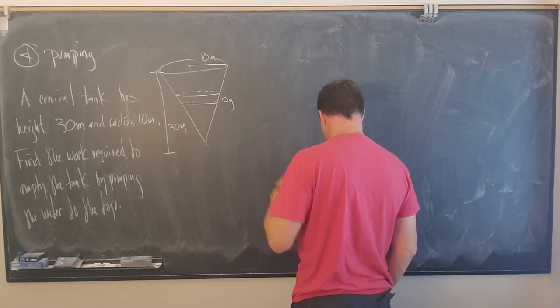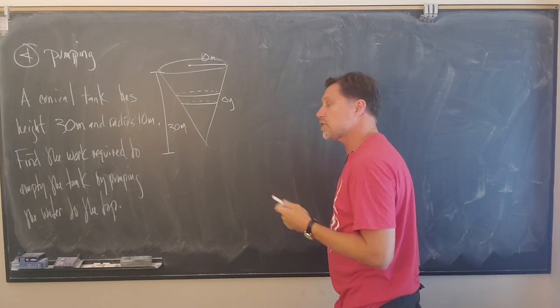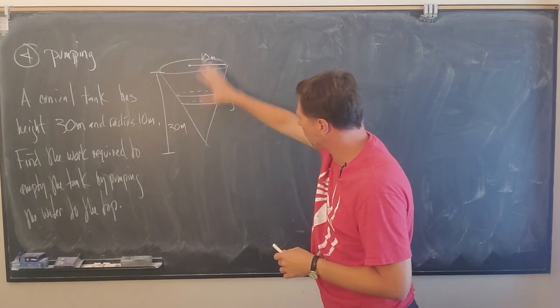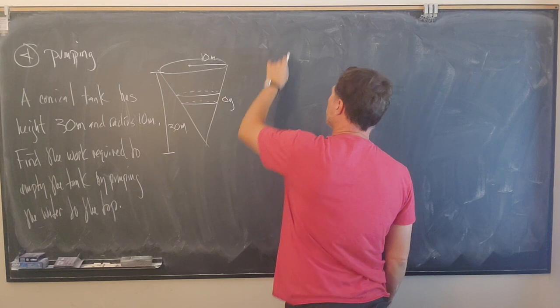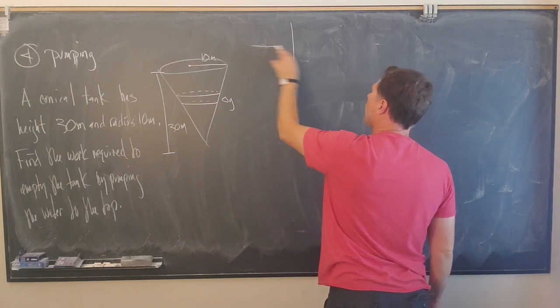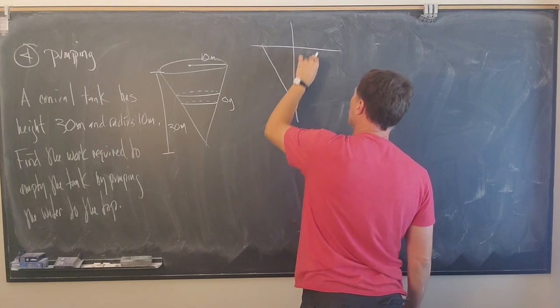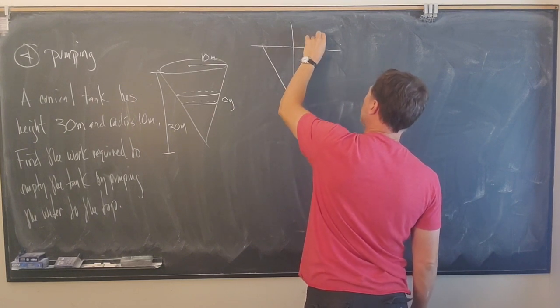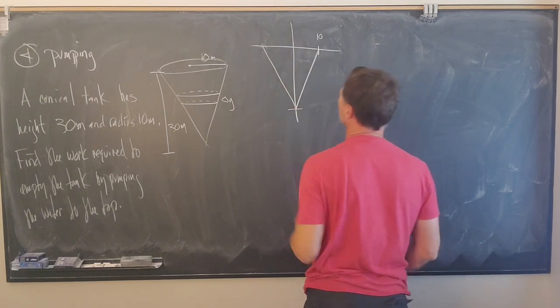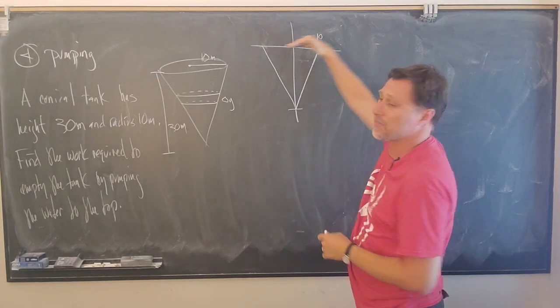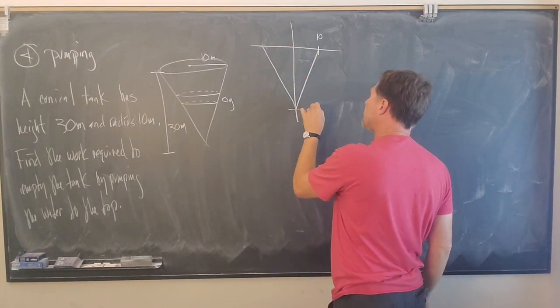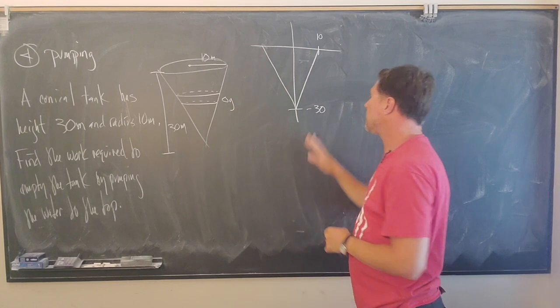And anytime that you get a pumping problem, the first thing you should do, draw a diagram like this, but then what you want to do is draw the two-dimensional picture. I like to arrange things, and there's different ways to arrange it. I like to arrange it so that the top of the tank is at the x-axis, which means that the tip of the tank down here is going to be at -30.